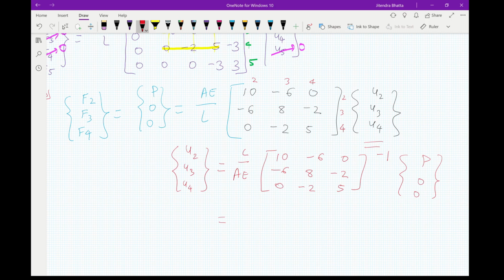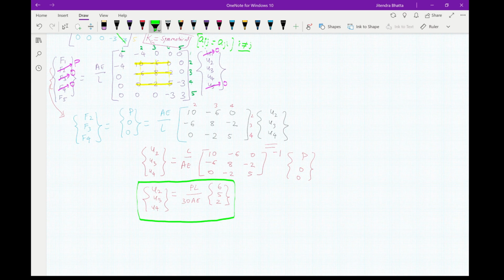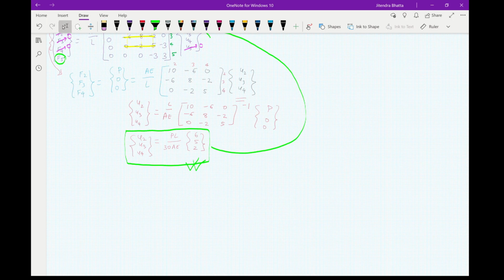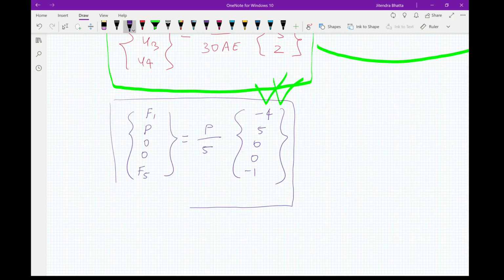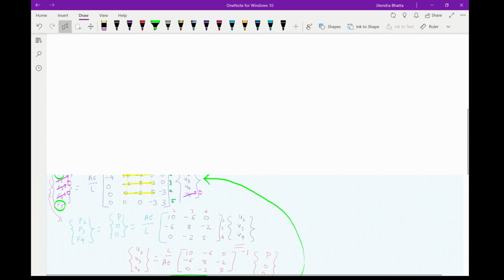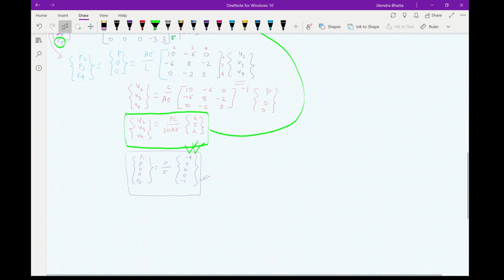If you want to find your reaction forces at F1 and F5, what you have to do is take these values and put them right here. So you form this huge matrix and you solve for your F1 and F5. Then what you will get will be, so these will be your forces. So this is how we solve for unknown forces and displacements in a bar element.